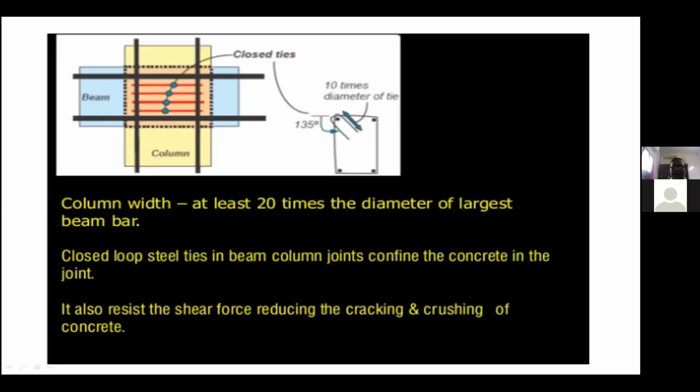So to avoid that, it is very important that you provide stirrups in the beam column joint. The beam column joint failure is a brittle failure because we are not providing steel in that zone. But now the code says that you must provide steel, that is stirrup steel, in the beam column joint zone.